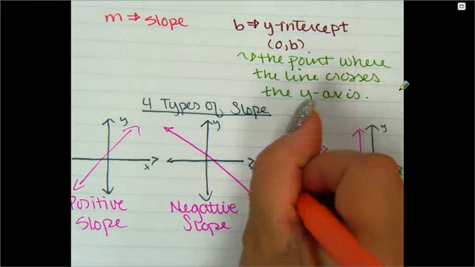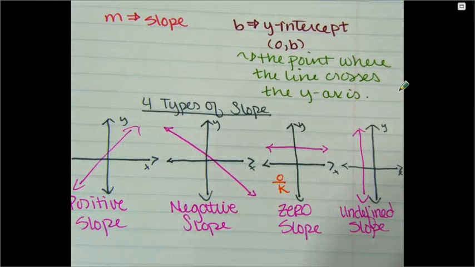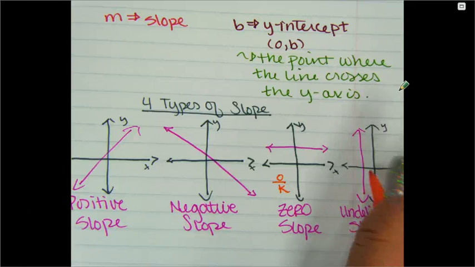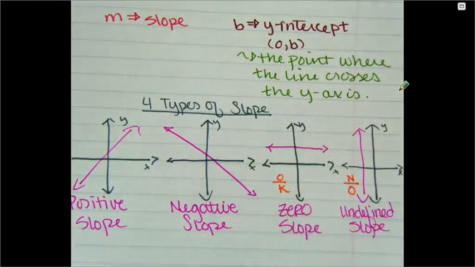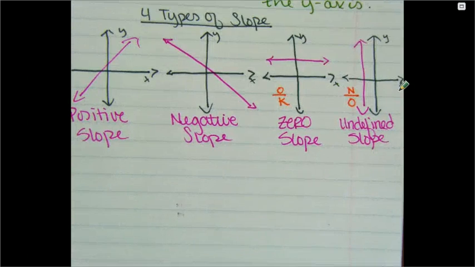Because that's what? Okay. For the undefined slope, where does zero have to be? On the bottom, because that's a no. All right. We good? Let's go to the next part.